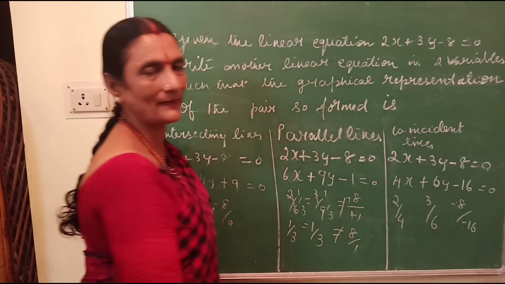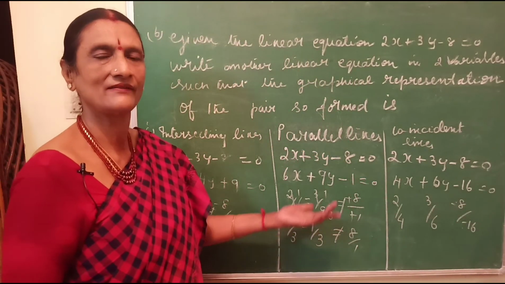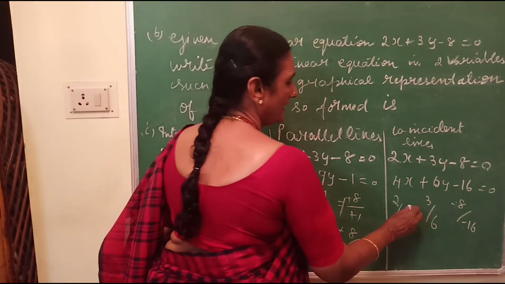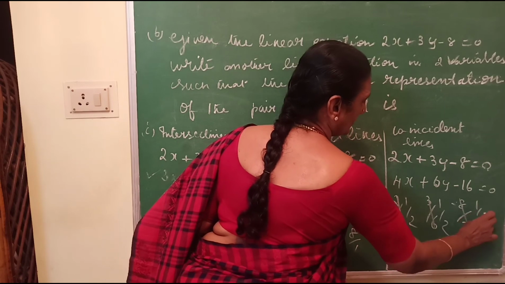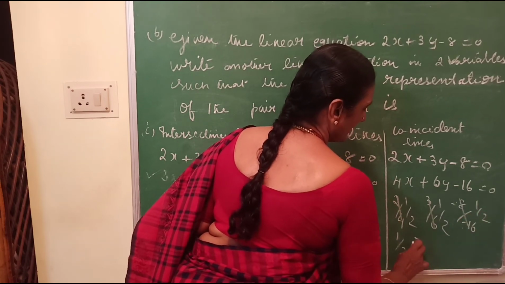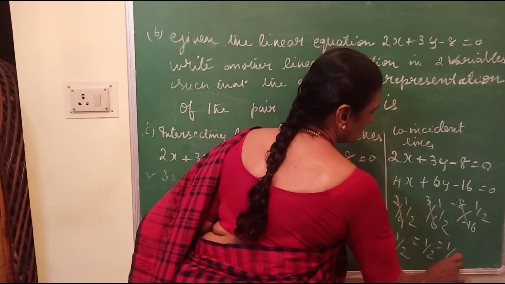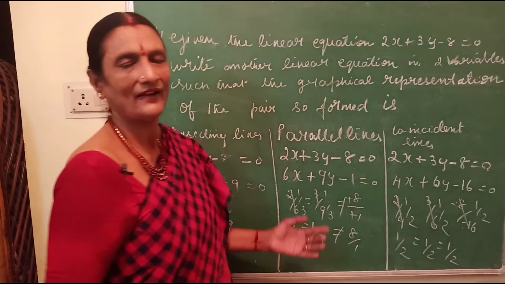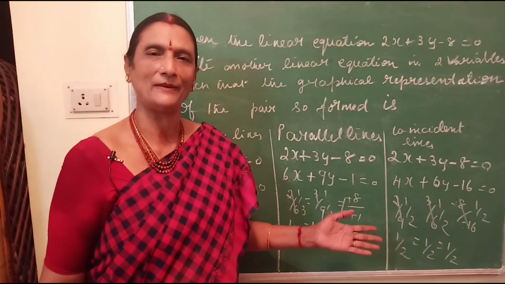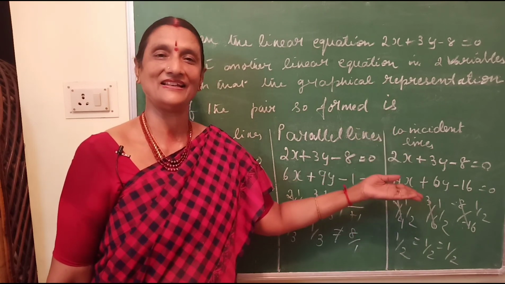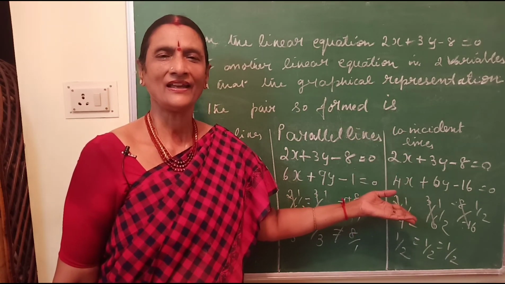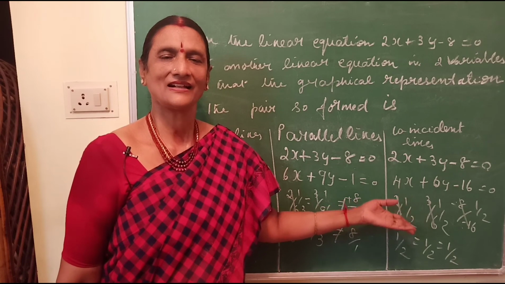Both negatives will become positive ultimately. So this is 1 by 2, this is 1 by 2, this is also 1 by 2. So we have got half equal to half equal to half. That means a1 by a2 is equal to b1 by b2 is equal to c1 by c2. We get coincident lines. Is that clear to you?